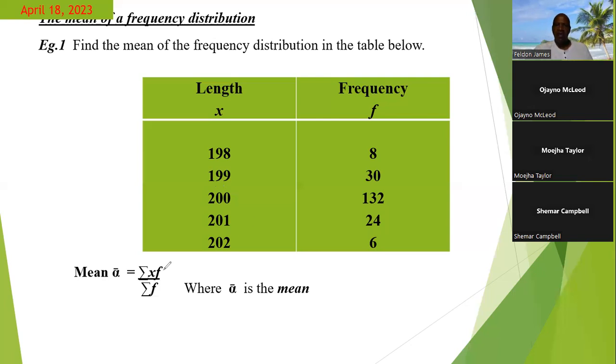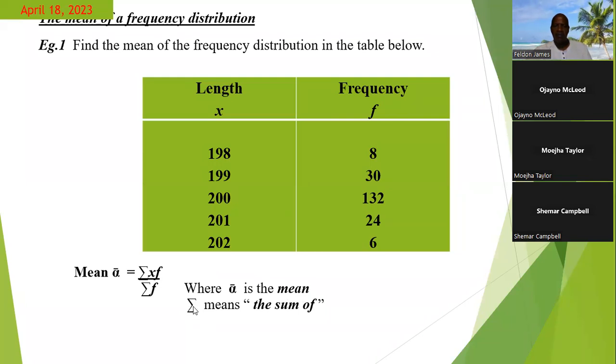All right. Now, if we are using the formula that we have here for the mean, this formula is saying to you that in order to find the mean, you need to find the sum of XF. Now, this symbol, x-bar, means the mean.